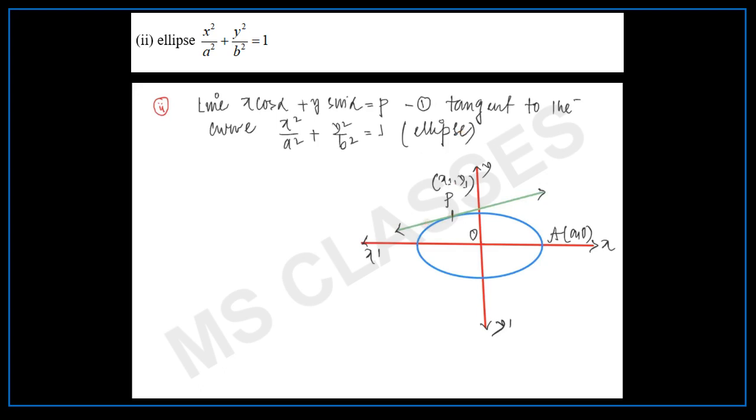So point P x1, y1 is the point of contact.